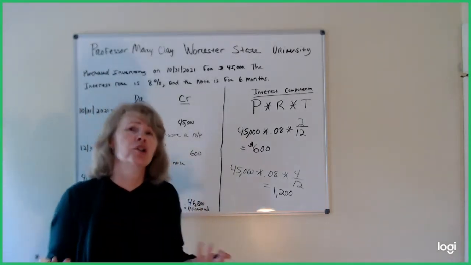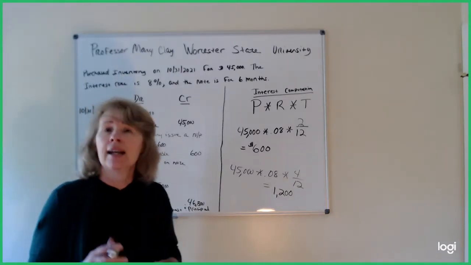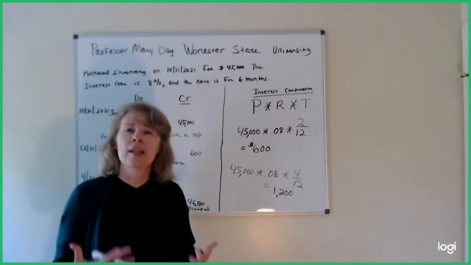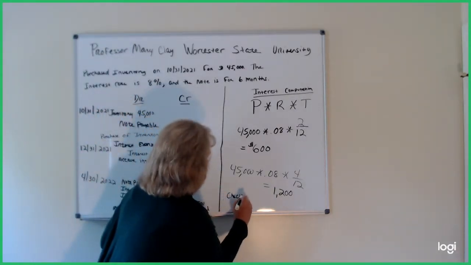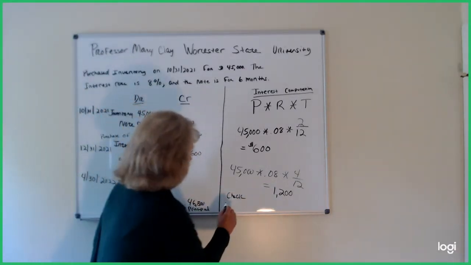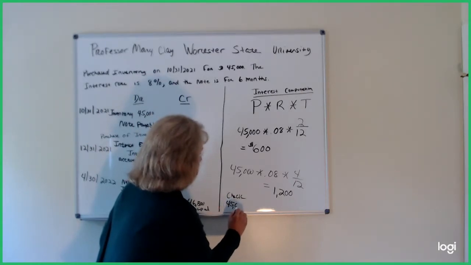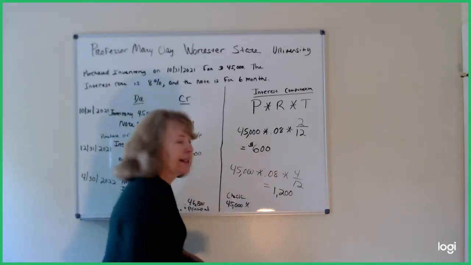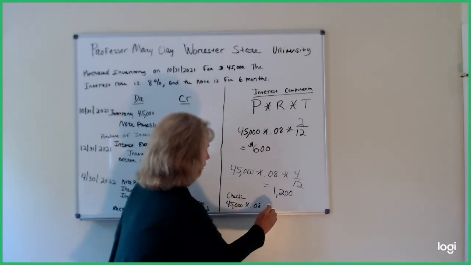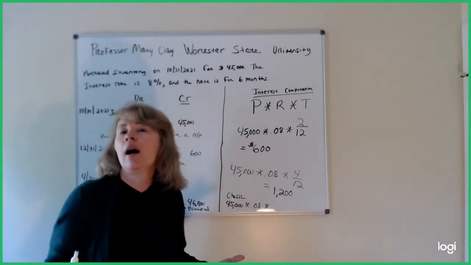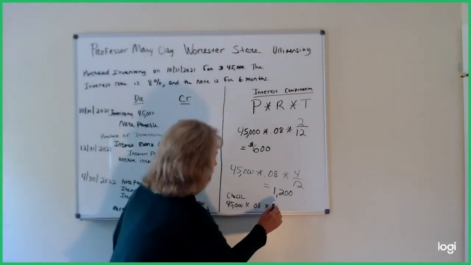I'm going to show you a check that I do at the end. Now this is just a check for the total cash piece. Here's what I do. I take the note, which is $45,000. I multiply it by the interest, 0.08. And I multiply it by the total time period, 6/12.